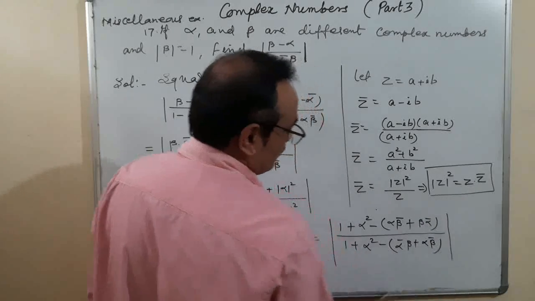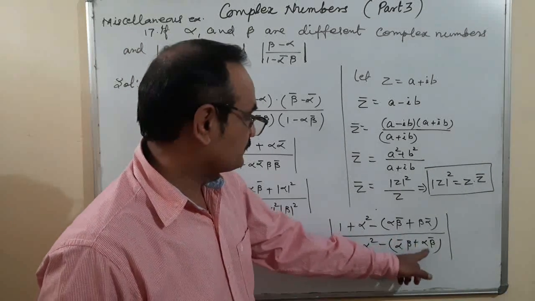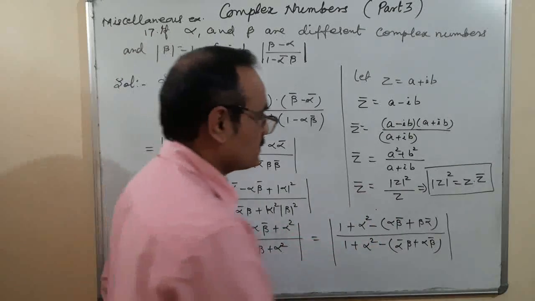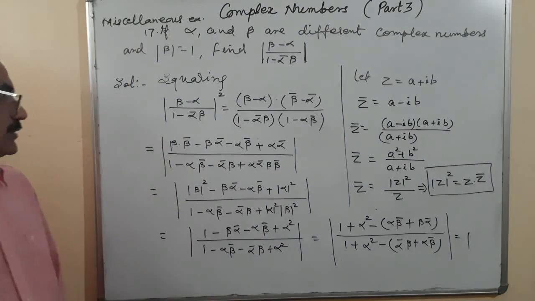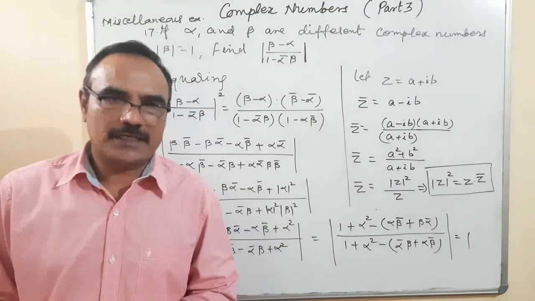You can see both the terms are exactly the same with minus sign, they are cancelled and the result is 1. Therefore the value of beta minus alpha upon 1 minus alpha conjugate beta in magnitude is 1.